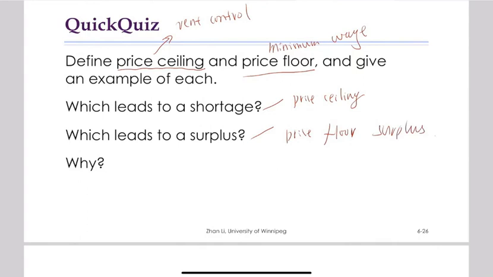Is this correct? Well, it's not entirely correct. Remember, you have to add this modifier. We need a binding price floor and a binding price ceiling. So the correct answer is a binding price ceiling will lead to shortage, and a binding price floor will lead to a surplus. As to why, it's really because if a price ceiling is binding, then the price ceiling has to be smaller than the equilibrium price.